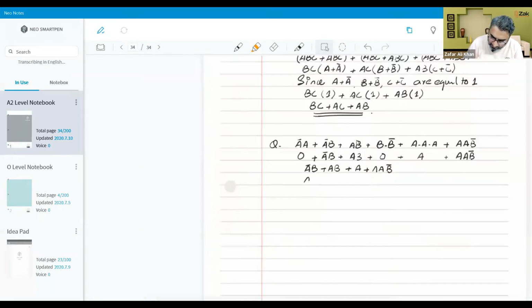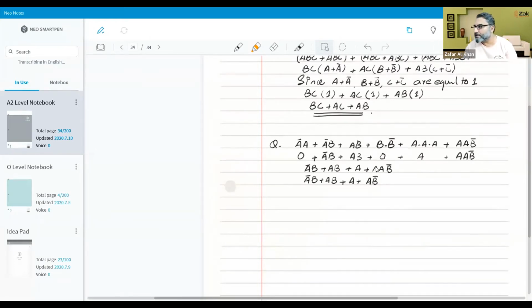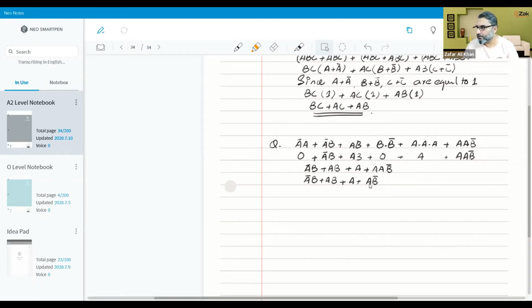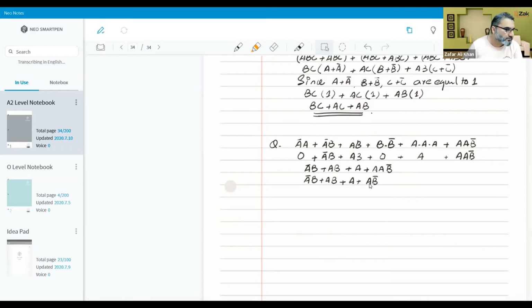So let's solve it further. A naught b plus ab plus a plus ab naught. So I have applied this, what is the term here? This is idempotent law. So I made these two a's as single a. Okay, now a not b, I cannot do anything to it. So a b, I cannot do anything to it at the moment.